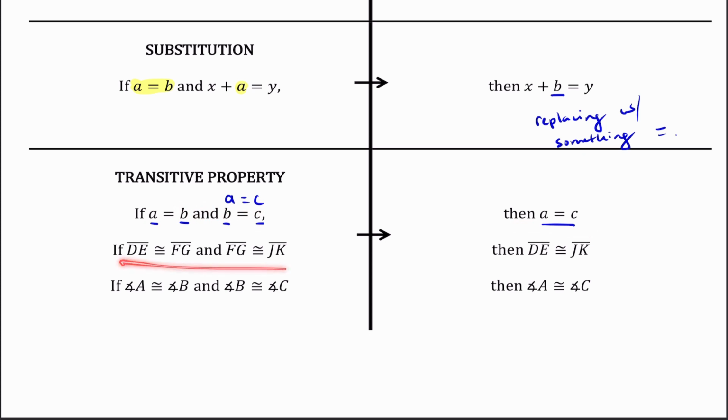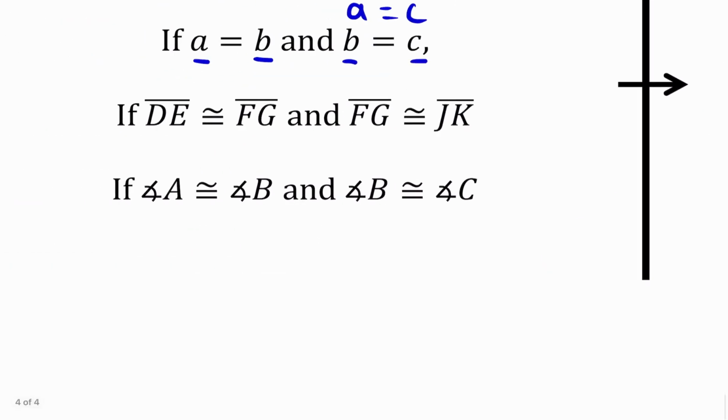And that's the same thing over here. Segment DE is congruent to segment FG, and segment FG is congruent to JK. Then logically, since we know that these things are equal, right, this is also segment DE, which is congruent to segment JK. And then that's the same thing. Let me go ahead and give you an example, like an algebraic one.